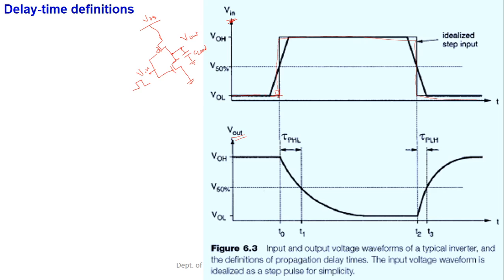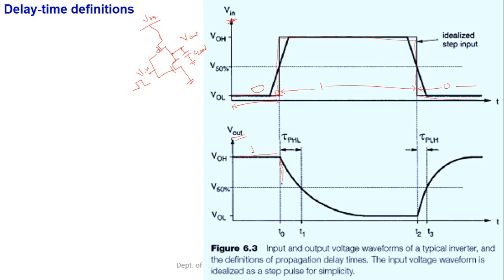So when this ideal signal is applied, from here to here it will be 0, from here to here it will be 1, and from here to here it will be 0. When the input is 0, the output will be high. When the input signal is 1, the output should be 0.